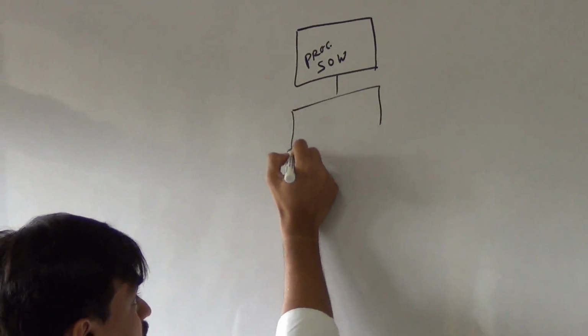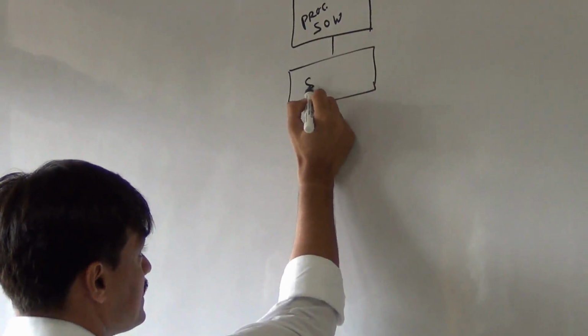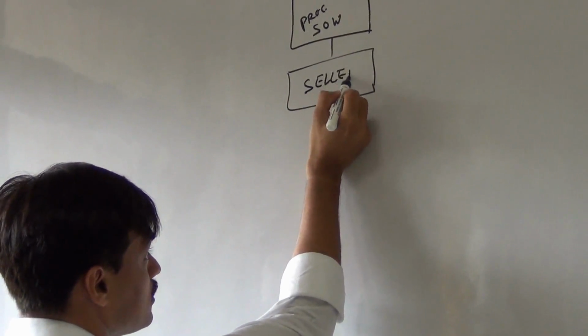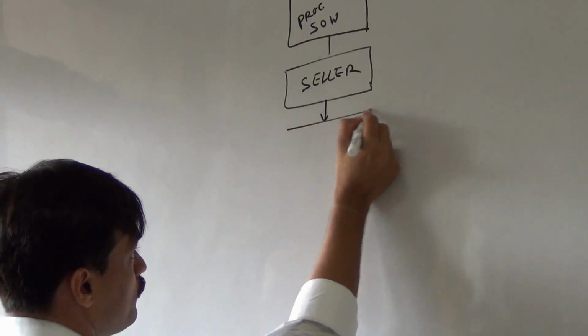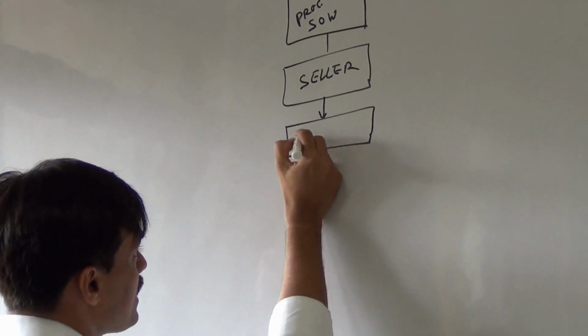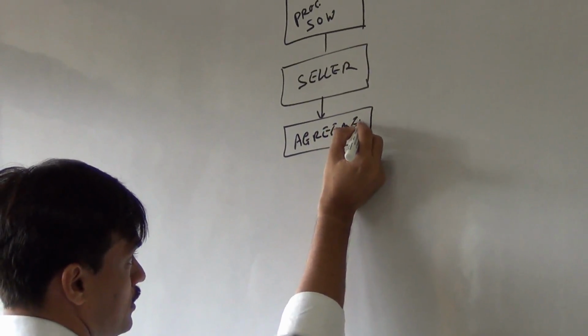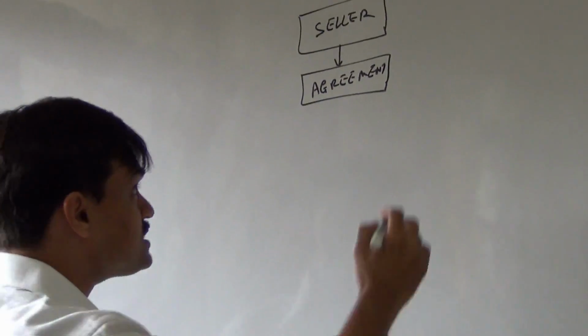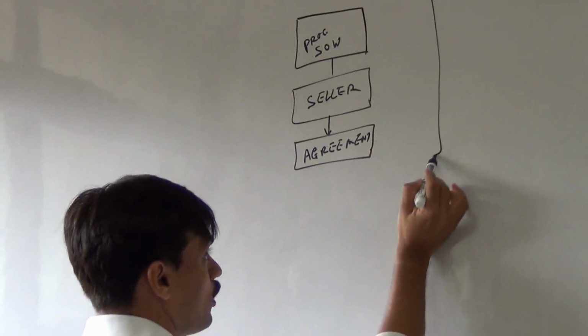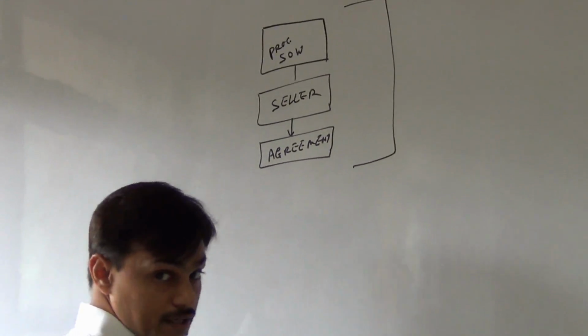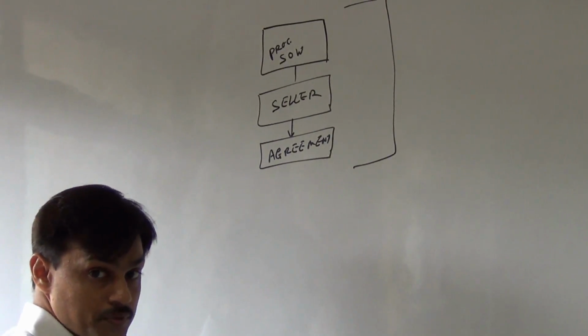Then we did a process of selecting seller. And then we got into an agreement. So this we did in our plan procurement and conduct procurement process.